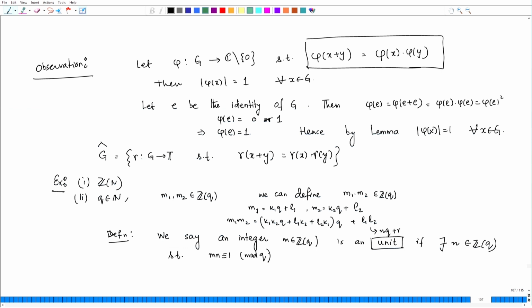That means m n minus 1 is divisible by q. So, now I denote Z star of q as the set of all m belongs to Zq such that m is a unit.